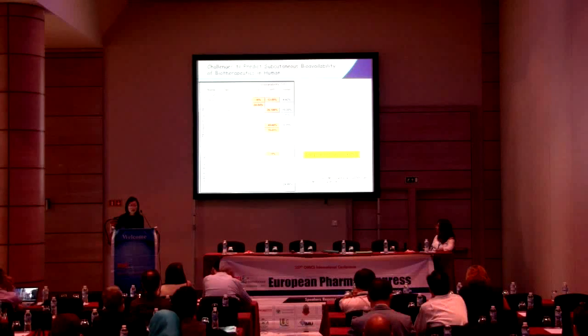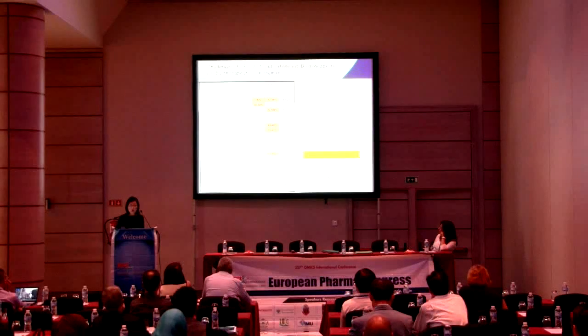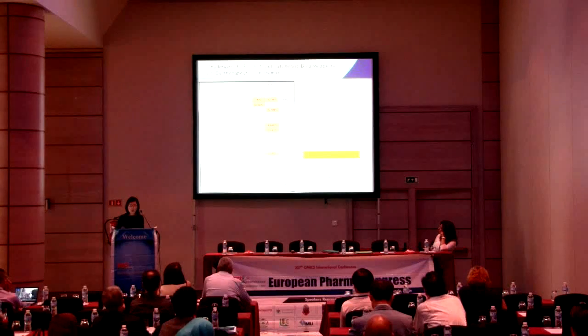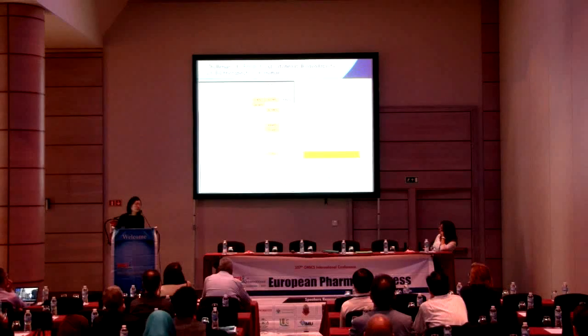They have very different bioavailability across the species, from rat to monkey to human. For example, for interferon beta 1b, the rat bioavailability is 16%. In monkey, it has a higher range from 12 to 38, and in human, it's even higher, from 6 to 60%.